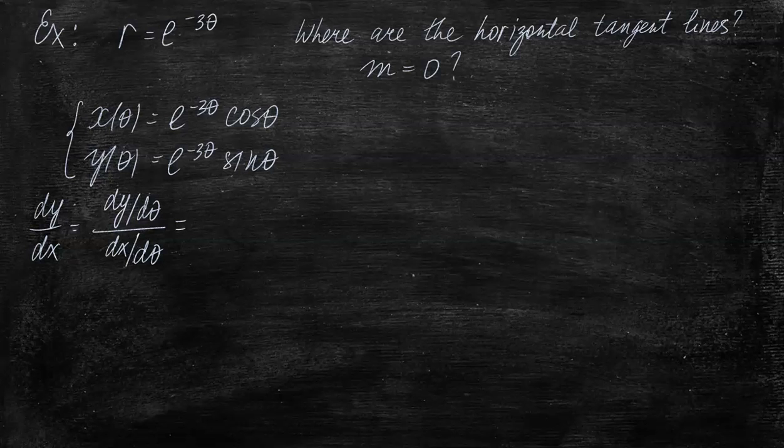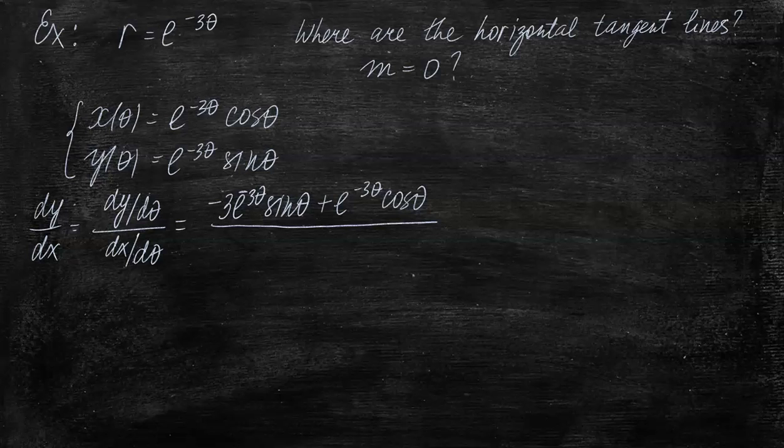Let's see, we have dy d theta, that will be the product rule, so negative 3e to the negative 3 theta sine theta plus e to the negative 3 theta cosine theta.